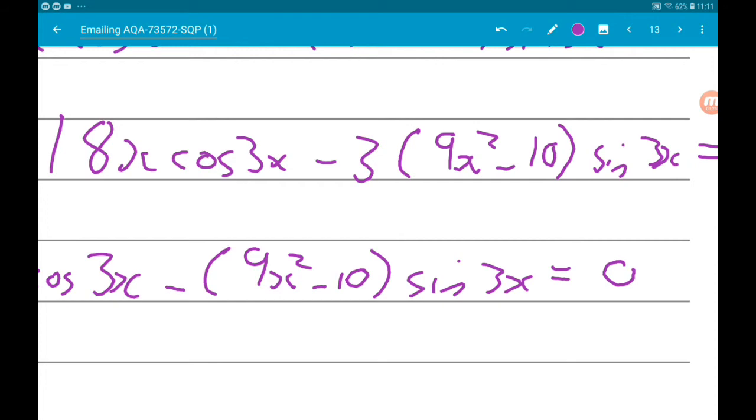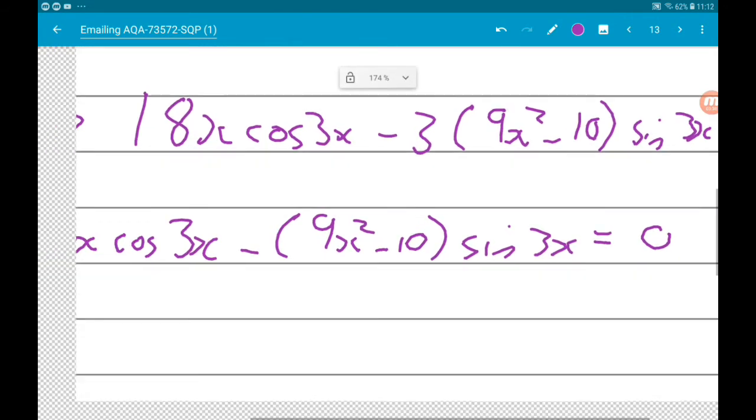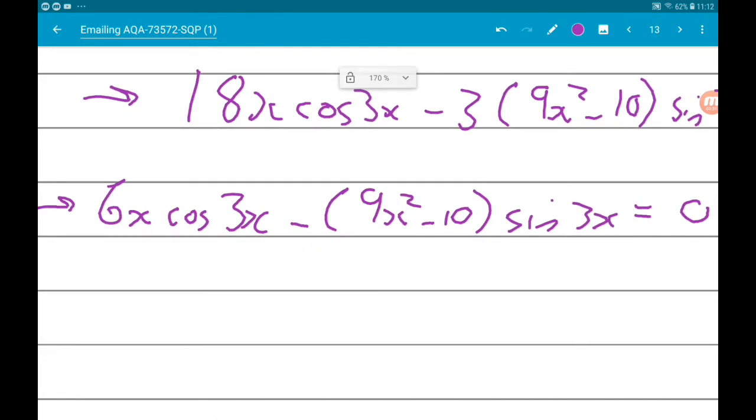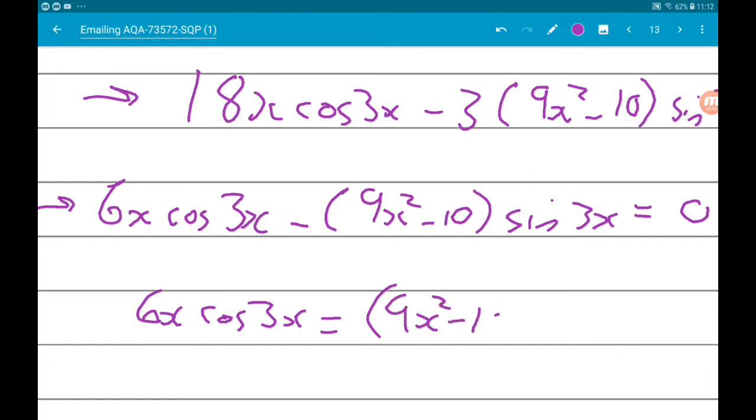Now let's move that second term onto the right. So we get 6x cos 3x is equal to 9x squared minus 10 times sine of 3x.